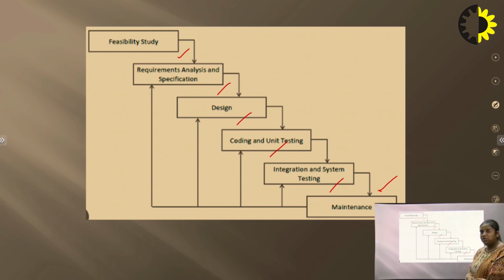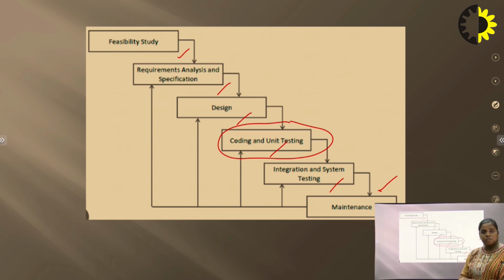If a developer team faces any kind of difficulties at any phase, in the classical waterfall model, as I said earlier, we do not have an option to go back to the last phase.